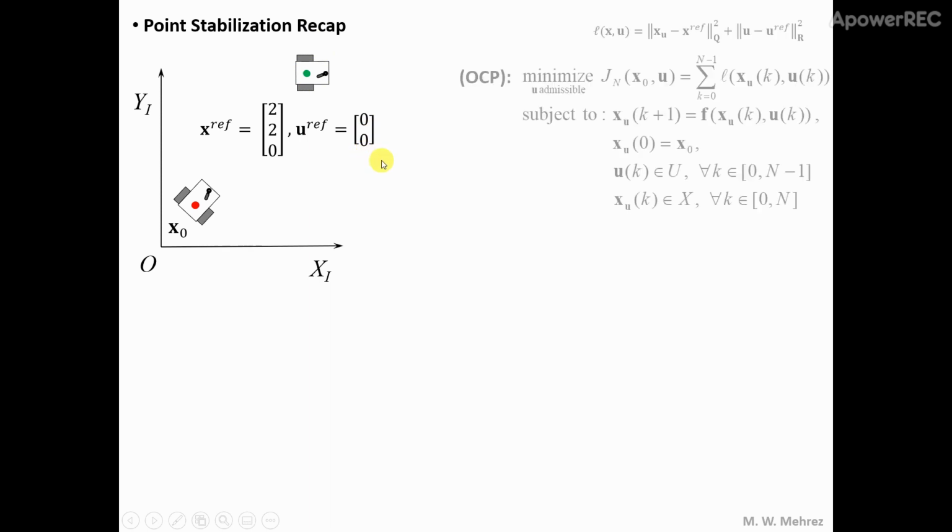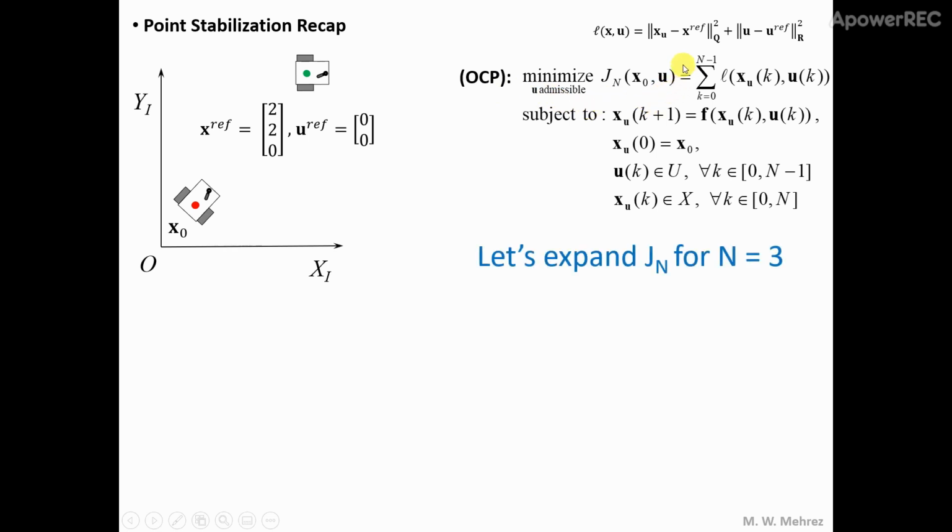So let's look now at our optimal control problem we saw in the previous slide, and let's expand the objective function, Jn, for a prediction horizon length n of 3.